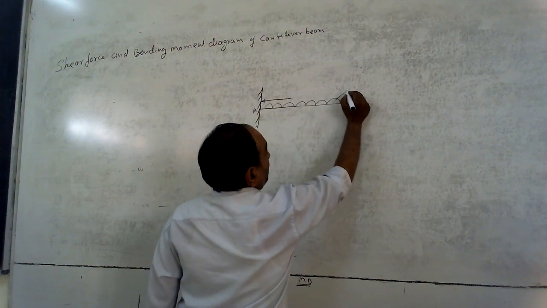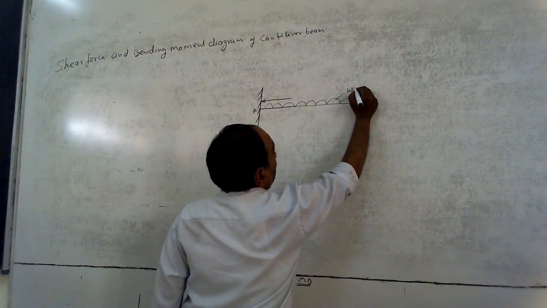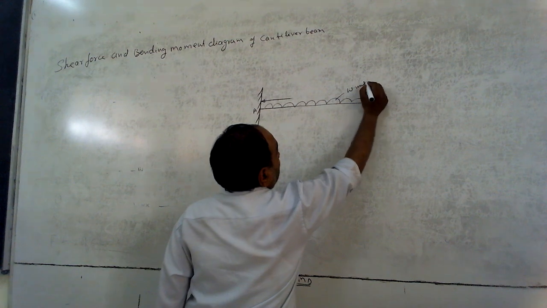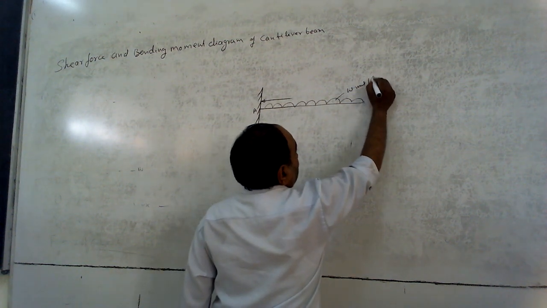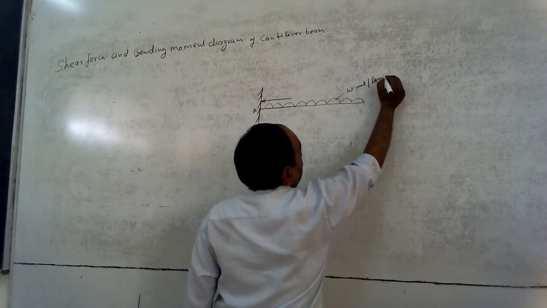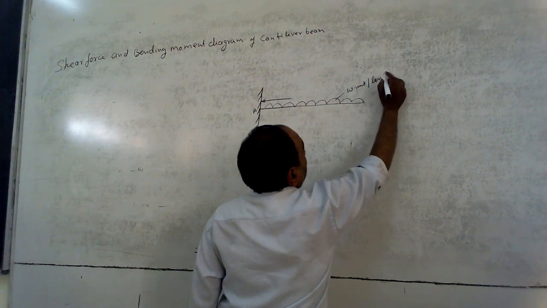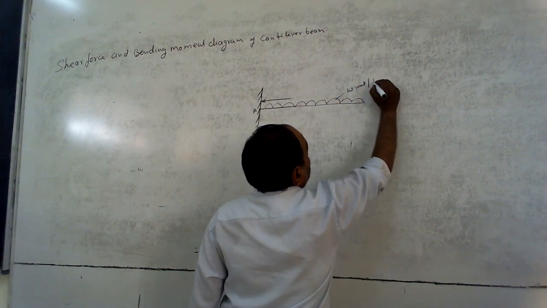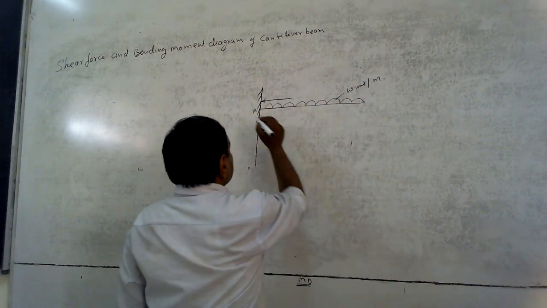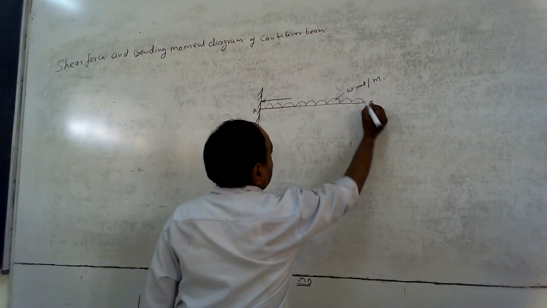That is W unit per length, per meter. This is A, this one is B.